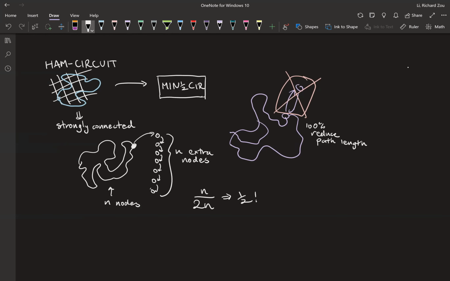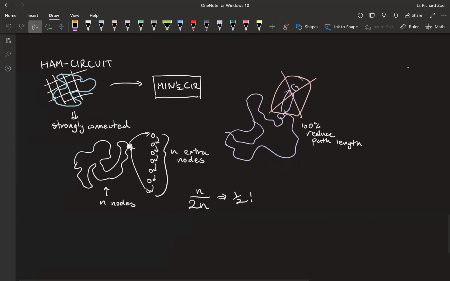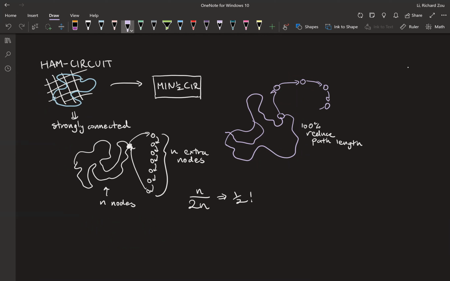I think this is going to work a little bit better, because now if we have to include any of the extra edges, we kind of have to go through the entire cycle before doing that. And then I think that should be sufficient to say that this cycle of length n is not going to be any worse than if we traversed to another node inside the original graph. So I think this formulation should work out.